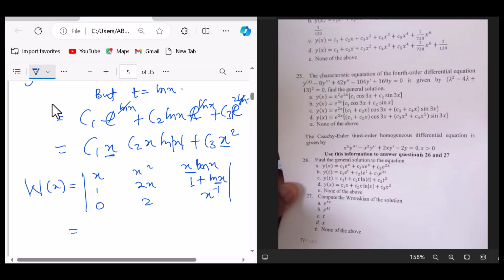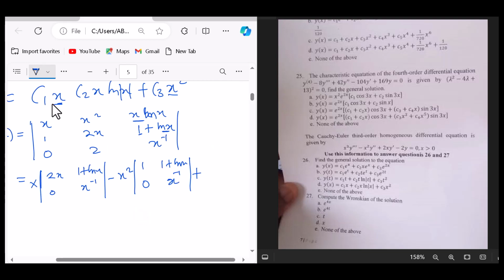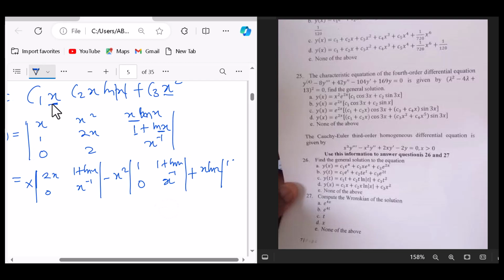Now if you do this, you find the determinant of x into brackets, we have 2x, 1 plus ln x, 0, x power negative 1, minus x squared, then we have 1, 0, 1 plus ln x, then x power negative 1 like this, then plus x ln x brackets 1, 2x, 0, 2 like this.